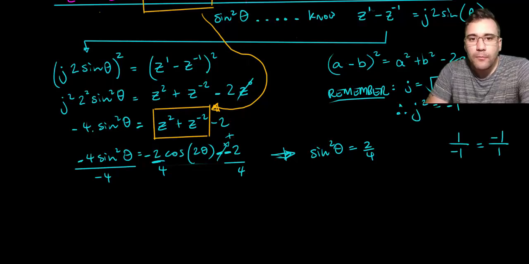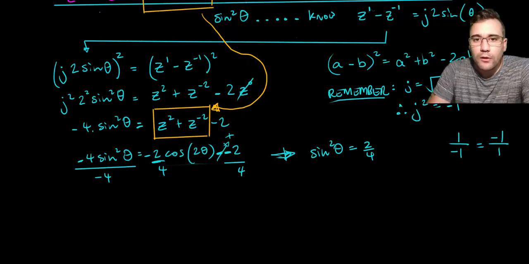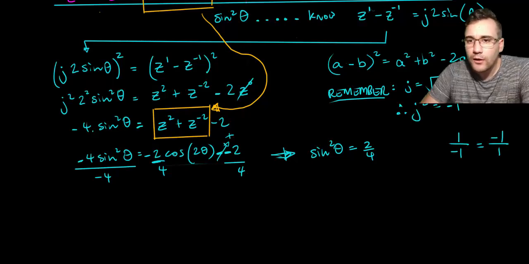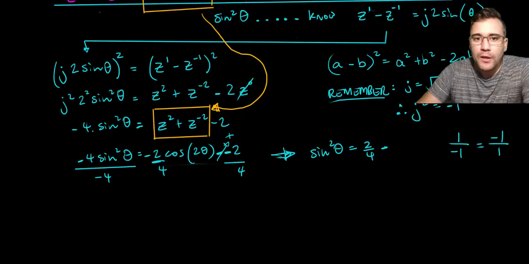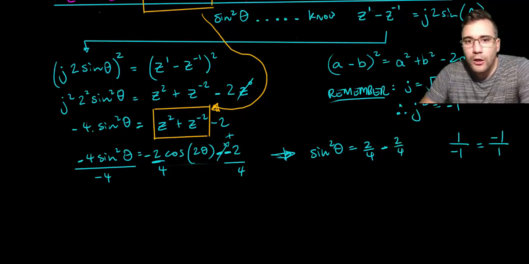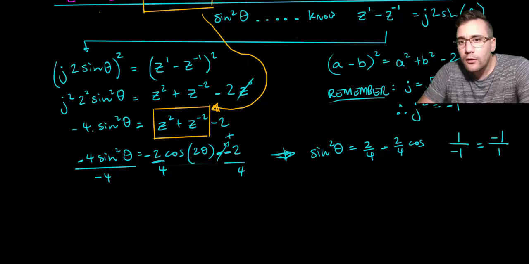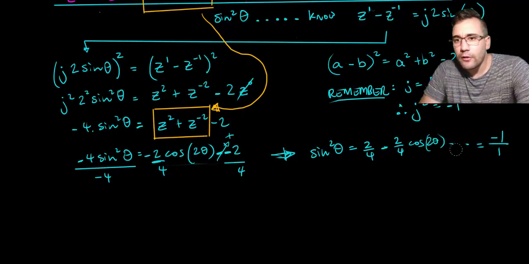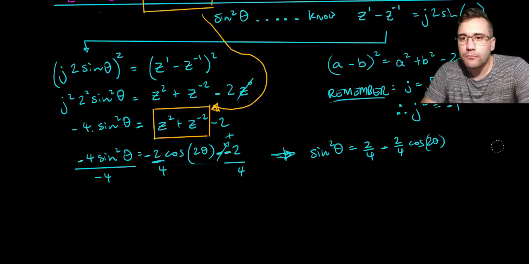We put the minus up the top, and this is negative 2 over 4, or negative a half, but we'll simplify it afterwards. Negative 2 over 4 cosine 2 theta. And this is the positive one, so plus 2 over 4. So we've put that first, and then we're going to say minus, right? That's this minus right here. 2 over 4 cosine 2 theta. Okay, and I think I made that point.